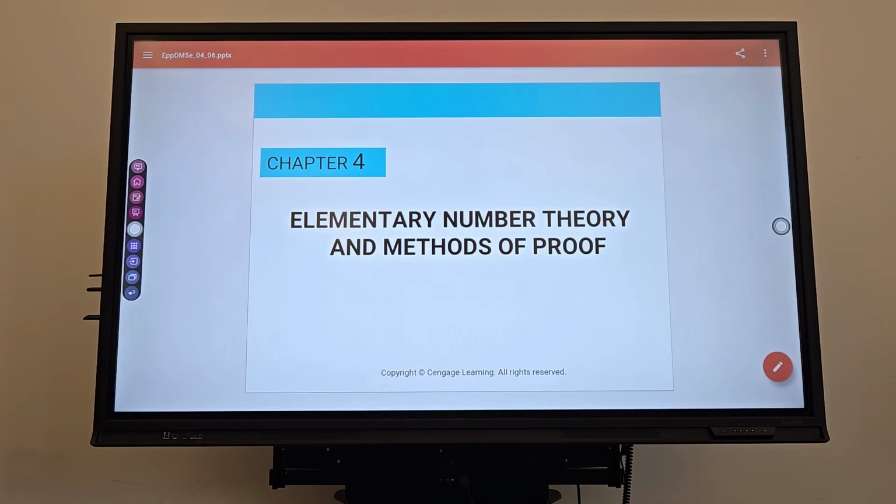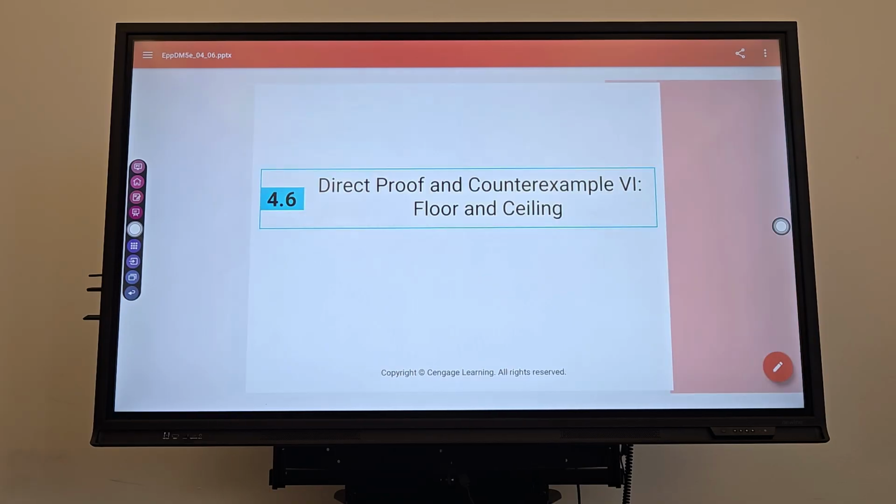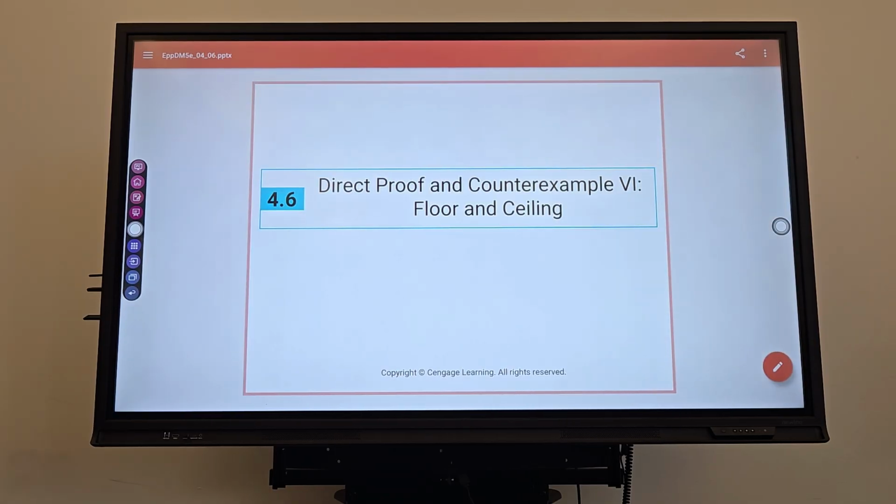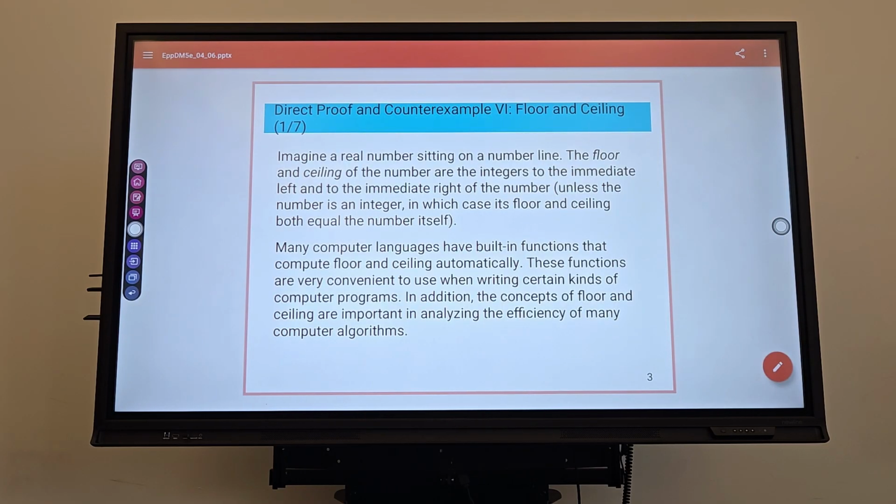Number theory and methods of proof. Proof and counterexample, floor and ceiling. Imagine a real number sitting on a number line. The floor and ceiling of the number are the integers to the immediate left and to the immediate right of the number, unless the number is an integer, in which case the floor and ceiling both equal the number itself.